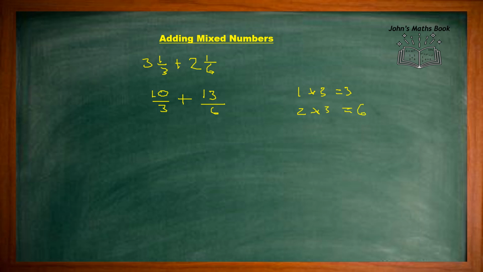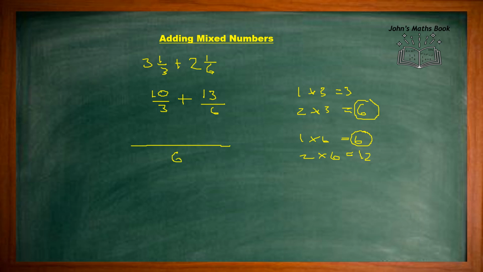Multiples of 6: 1 times 6 is 6, 2 times 6 is 12. As we can see, we have a common one here of 6. So the lowest common denominator in this case is 6. So if we draw a fraction bar here and add in the common denominator of 6.